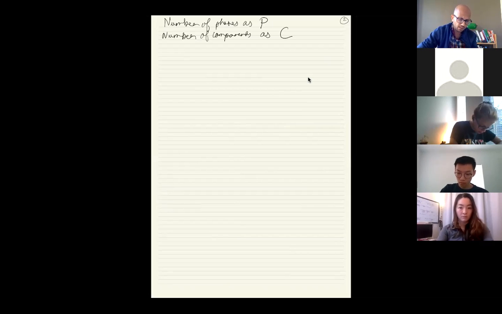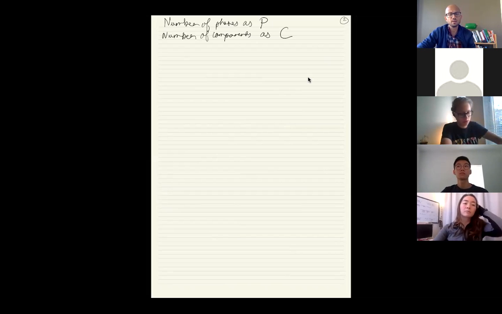And with this, we are almost ready to start talking about phase diagrams a bit carefully. The thing I want to do today is to tell you, given the number of phases and given the number of components in a system, what can you say about the phase diagram?